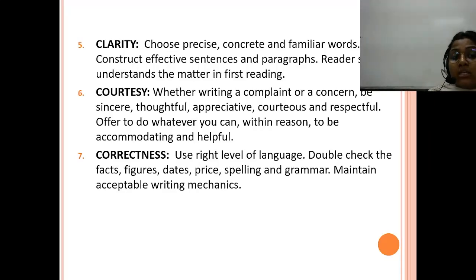Use the correct level of your language. Include only factual words and figures. Maintain acceptable writing mechanics. Apply the following qualities. There should be proper grammar, punctuation, spelling, and paragraphs.